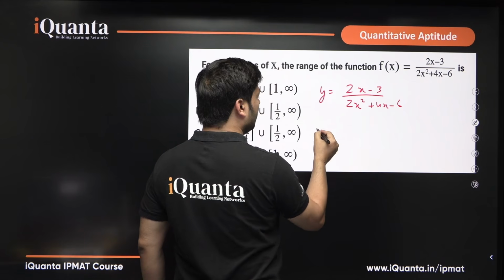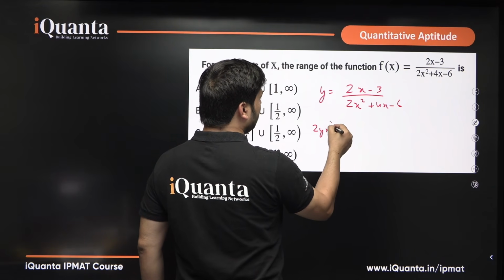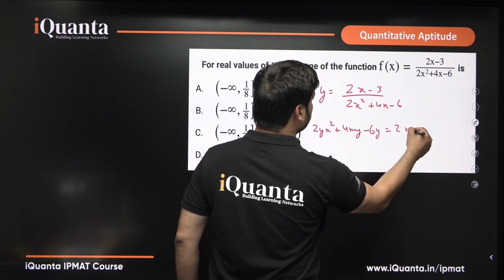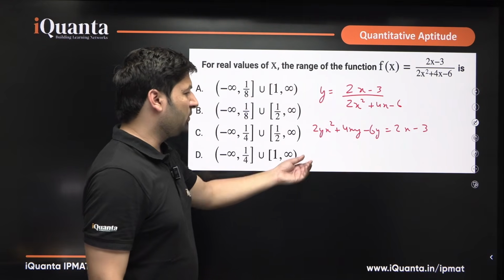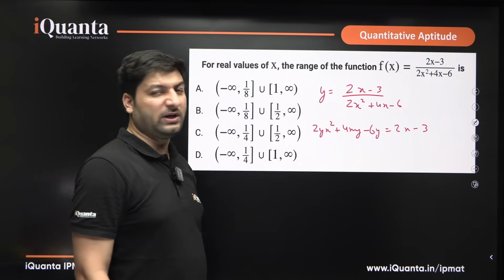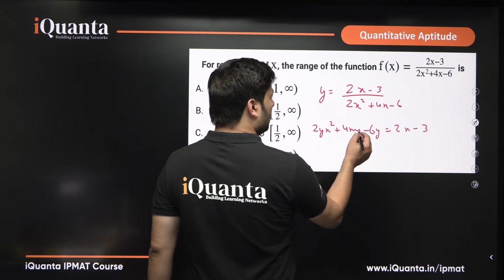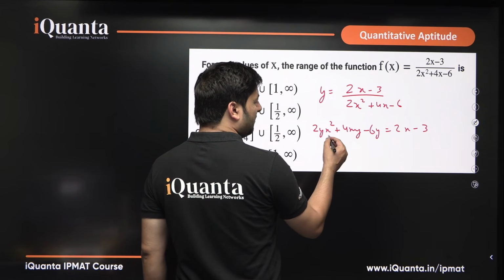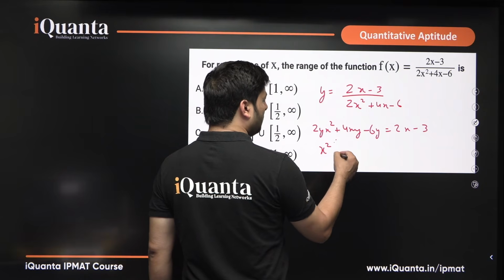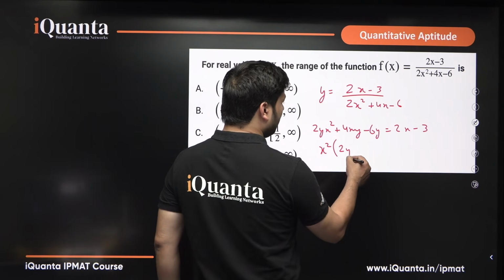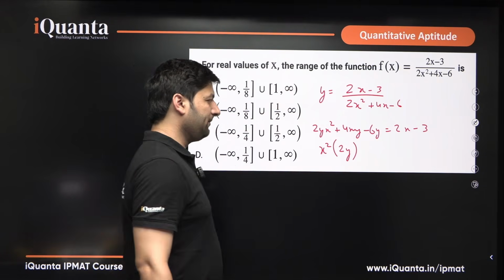Now, cross multiply, you get 2yx square plus 4xy minus 6y equals 2x minus 3. Earlier, the equation was in the form of what? It's a quadratic equation in x square. So, you take x square common. Once you take x square common, you get 2y.